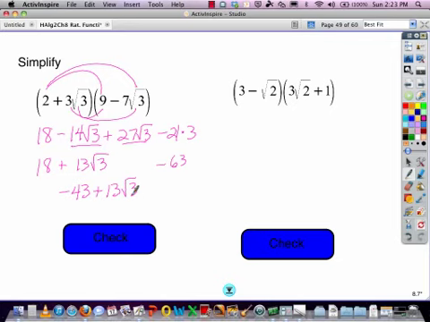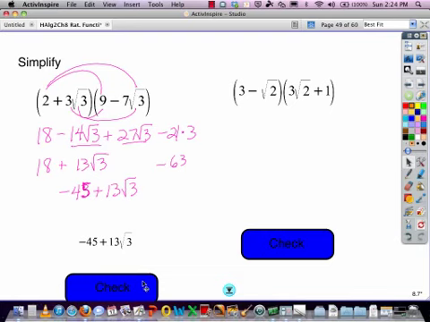How about 45? We're not doing our math right. 45 and 18. 18 and 5 is 3, carry the 1, yeah. Negative 45 plus 13 root 3. Check it. Better.